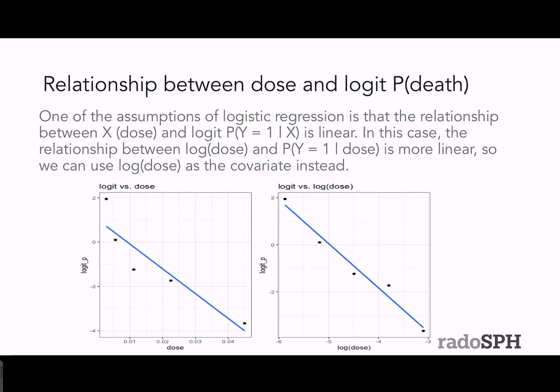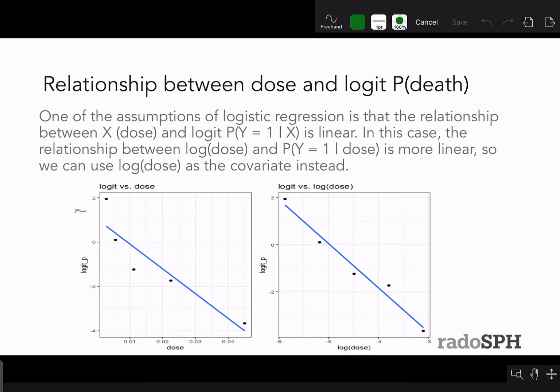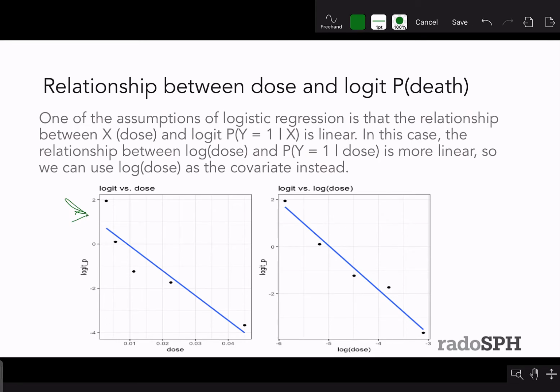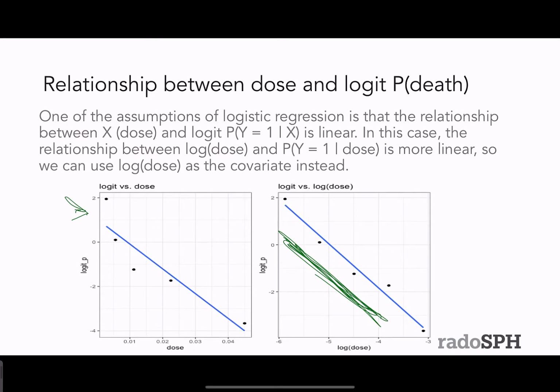And it's not a perfectly linear relationship here. And if you actually take the log of dose, it's a more linear relationship. So I'm going to model log dose as a covariate instead of dose because it better fits those assumptions for logistic regression. And that's something that you can always check on for your logistic regression model.